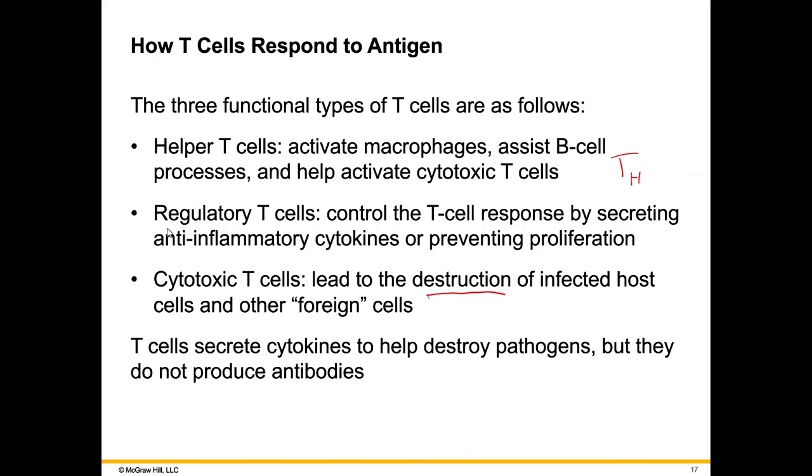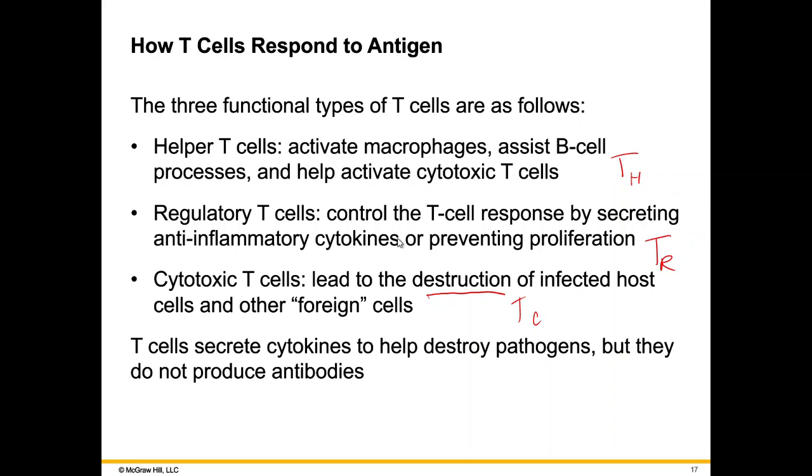And then we have our regulatory T cells, typically abbreviated as TR, and this one's TC, by the way, but TR. They control the T cell response by secreting anti-inflammatory cytokines or preventing proliferation.